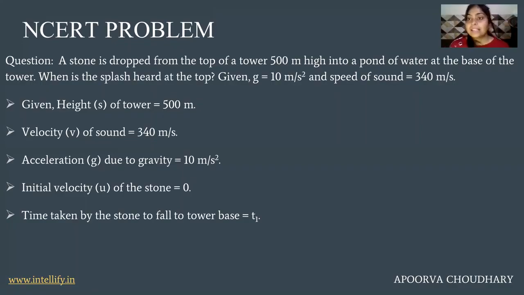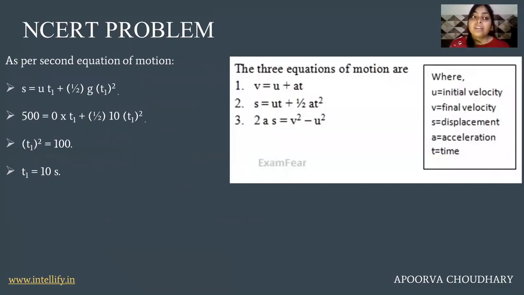Now the question hasn't provided the time taken by the stone to reach the ground, or you could say the pond. So I'm taking the time taken by the stone to fall to the tower base as T1. To calculate this time, I'm using the second equation of motion, which is S = ut + half at square. I have written the equation as S = uT1 + half gT1 square.